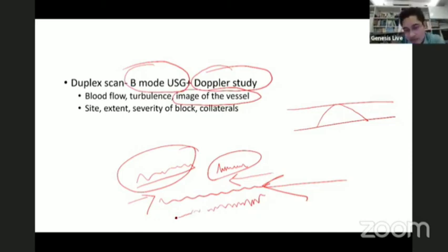The difference is called the Doppler shift. With this, you can measure the speed at which something is coming to you. I'm sure you have studied this in class 10 physics. The site, the extent, the severity of the blocks, and most importantly, the collaterals can also be found here.